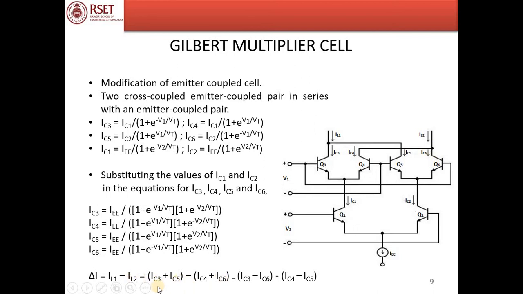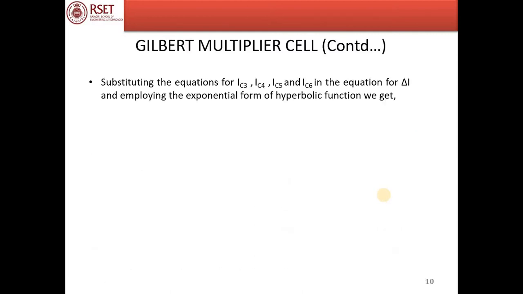So we can rewrite this as (IC3 plus IC5) minus (IC4 plus IC6). We are just rearranging this equation as (IC3 minus IC4) minus (IC6 minus IC5). And in this equation, we are substituting these equations for IC3, IC4, IC5 and IC6. We are substituting those current equations and converting it to the hyperbolic tangent function. So we get delta I.